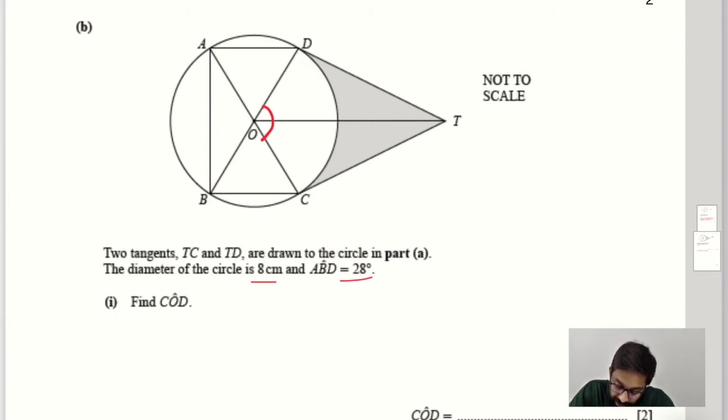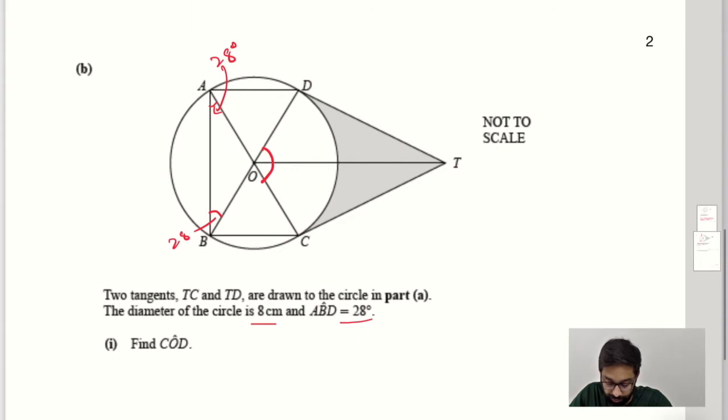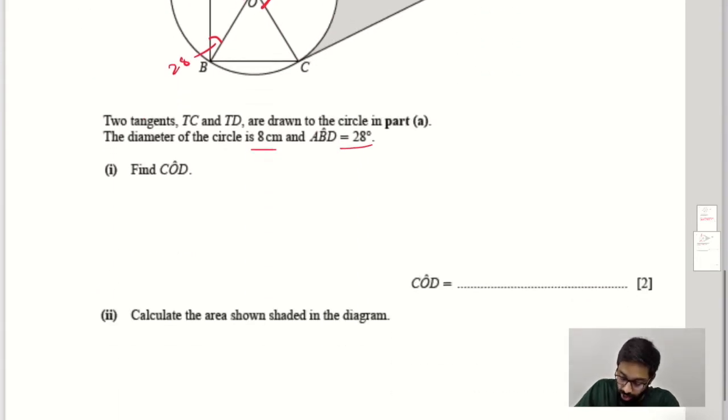So ABD is this angle, this is 28. So this angle right here would also be 28 degrees. I hope this is visible. If both of them are 28 degrees, let's find this angle. So 28 plus 28 gives us 56.